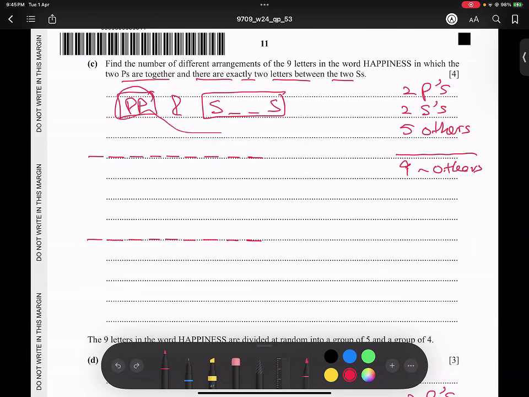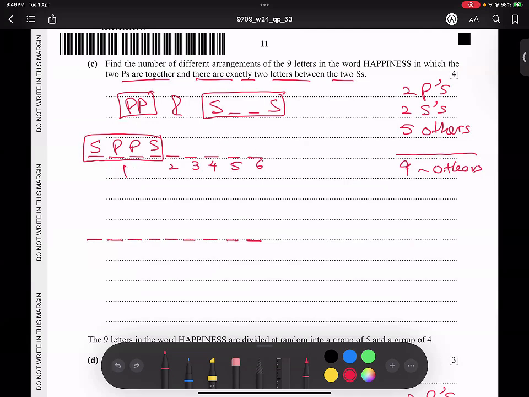So we can plan: if the 2 P's come inside, then what happens? S, P, P, I call them one block. I count them as one. And then there are 2, 3, 4, 5, 6. What does this mean? This full block can shift like this.